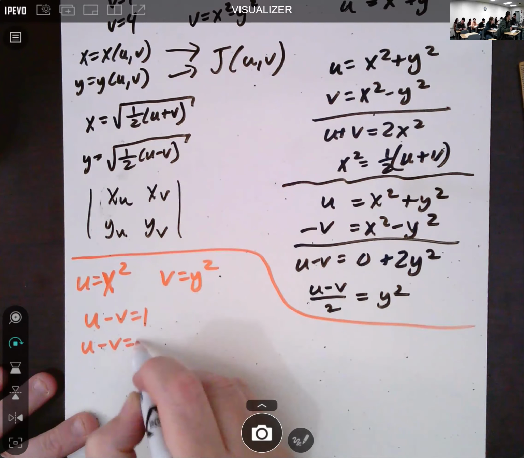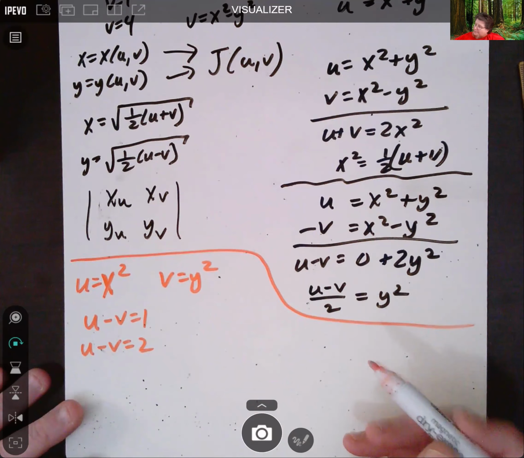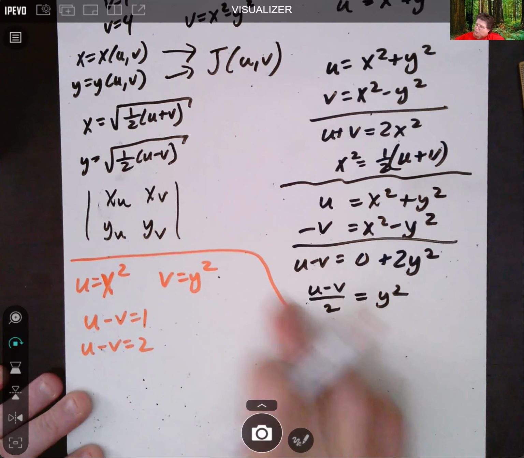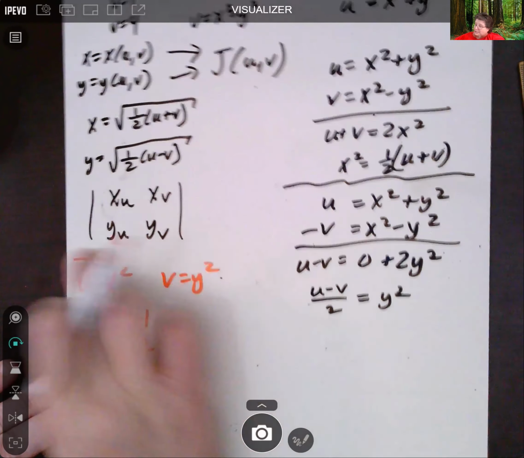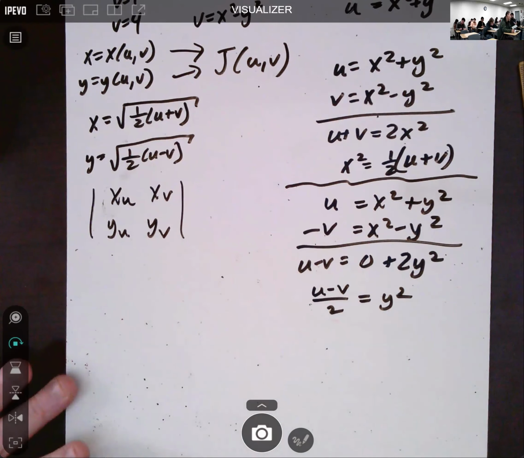But I don't know if I like that. So maybe I wouldn't do that. It still makes wonky boundary conditions. It's going to boil down to first finding your substitution, solving for x and y, then implementing the Jacobian, and then taking all that and implementing it into your final integral. It's not always going to look pretty.